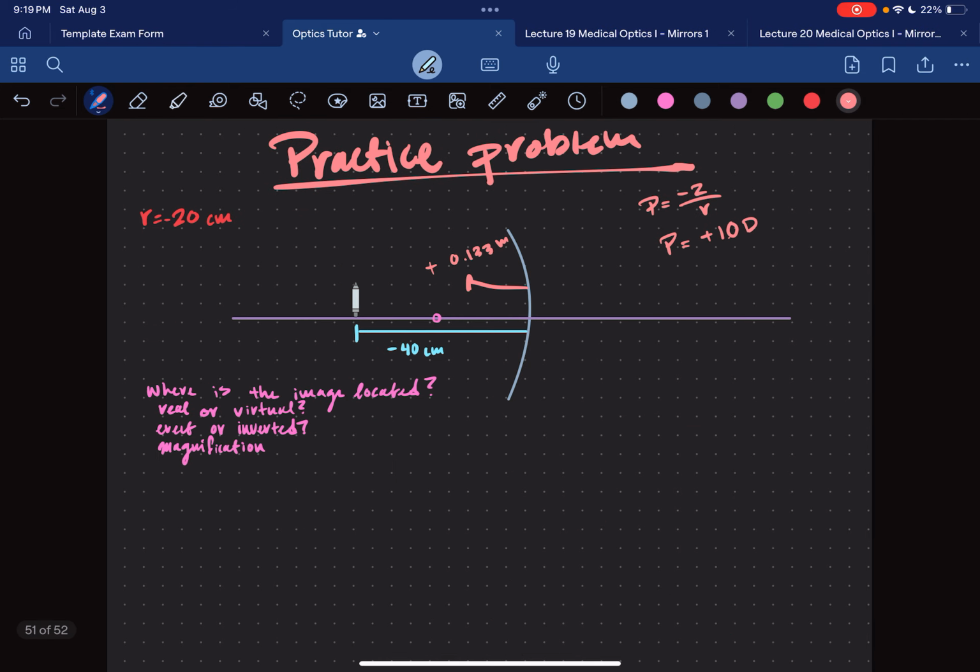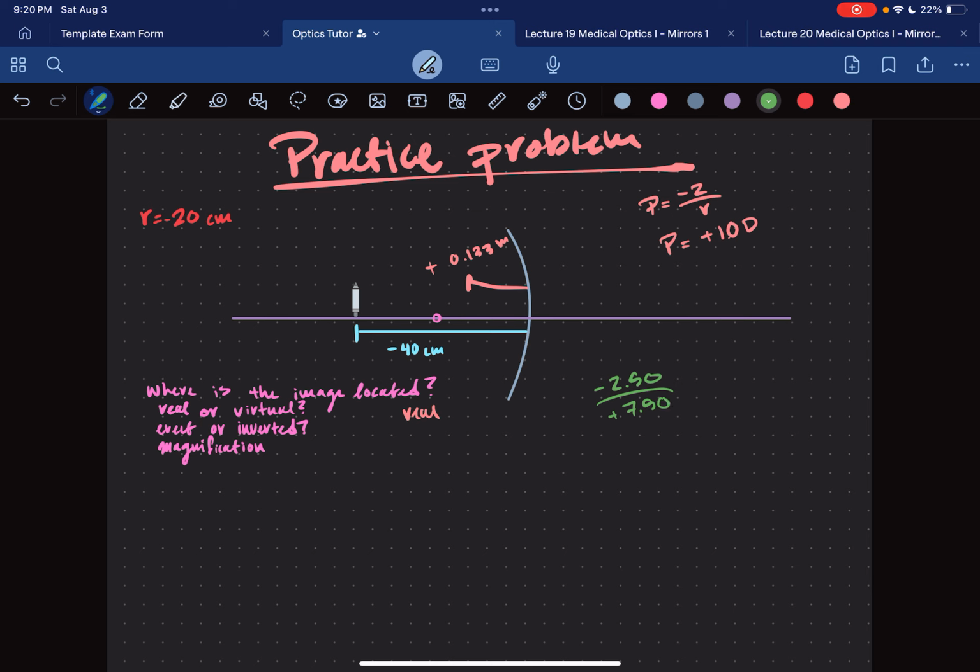So we already know it's real. I don't have to do any math for that. And then erect or inverted, and what's the magnification? So typically to find if it's erect or inverted, I'm going to use the magnification to get that. So just like we did with lenses, I'm going to use the object divergence, -40, over the image divergence, of +7.5. Hmm, -40, -2.5, over the image divergence of +7.5.